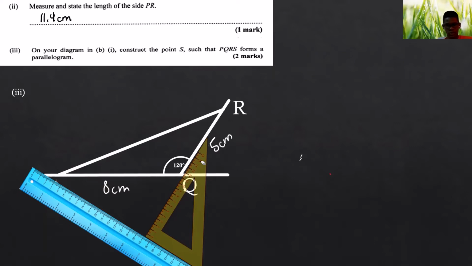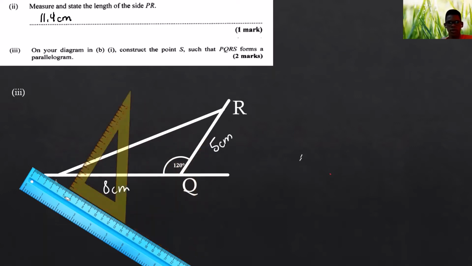So line this up first and then place your ruler underneath, ensuring it's neatly in line with the base of the set square, and then carry it across. Hold it sturdily and just slide that across nicely up to the point P and draw a straight line.